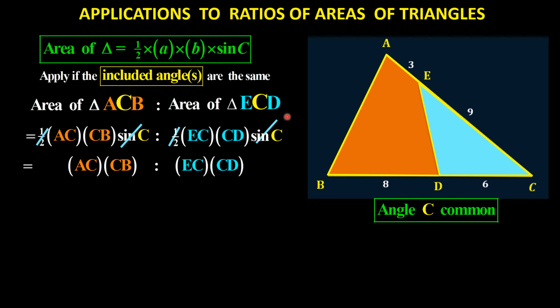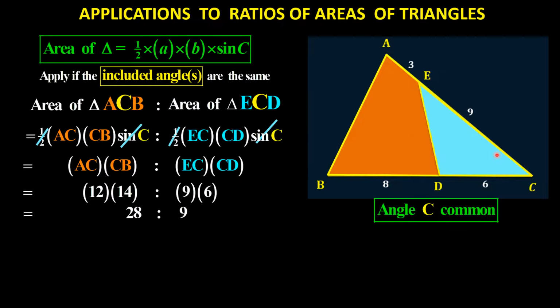Let's find a numerical value for that. AC is 3 plus 9, which is 12, and CB is 8 plus 6, which is 14. EC is just the 9 and the 6. If we simplify that, I end up with 28 is to 9.